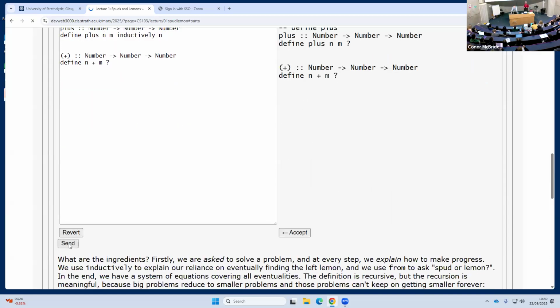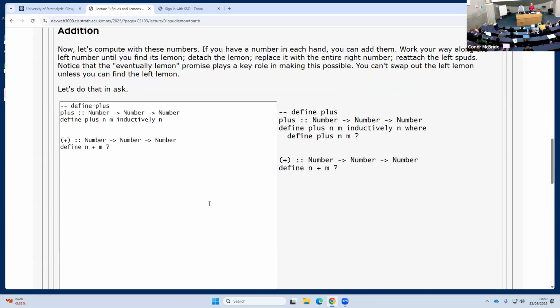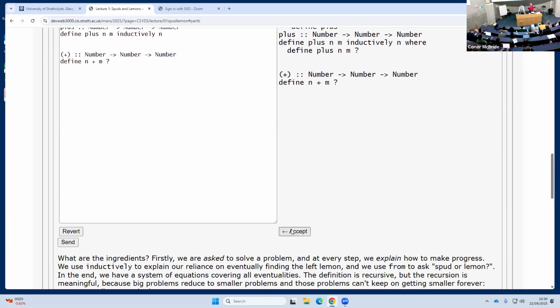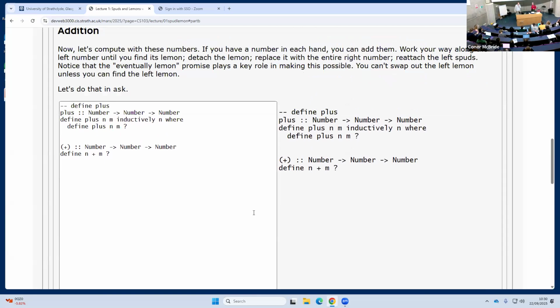So that's the way of saying I am going to make use of the promise that n can't keep getting smaller forever. It looks like we've not made any progress, but what inductively n is for is to say I'm allowed to use plus in the definition of itself, provided I use it on something smaller than n.